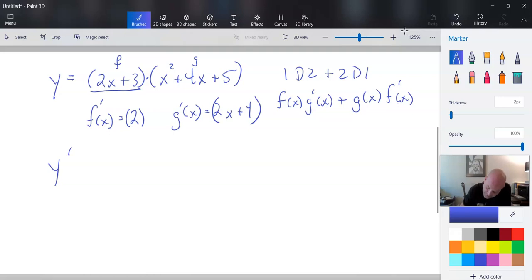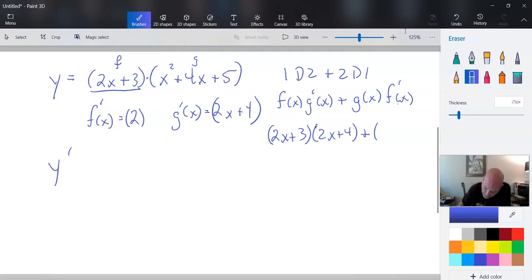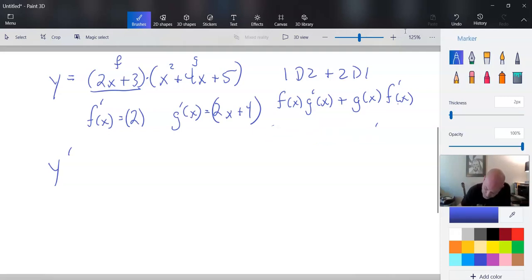So f is 2x plus 3 times g prime. G prime is 2x plus 4. Okay, and then I'm going to add that to g. Oh, I should have given myself more room. Let me put it out here.